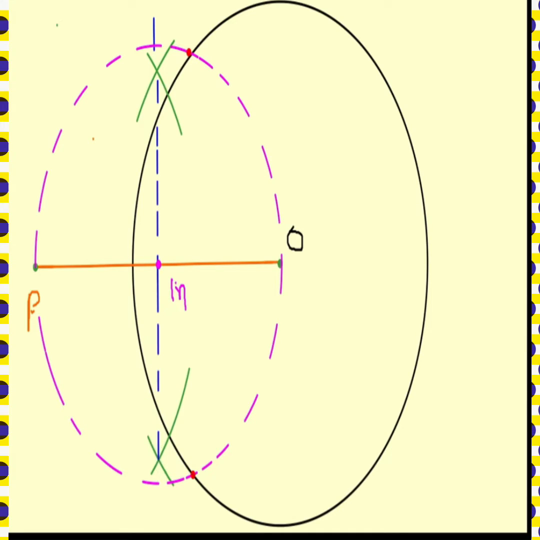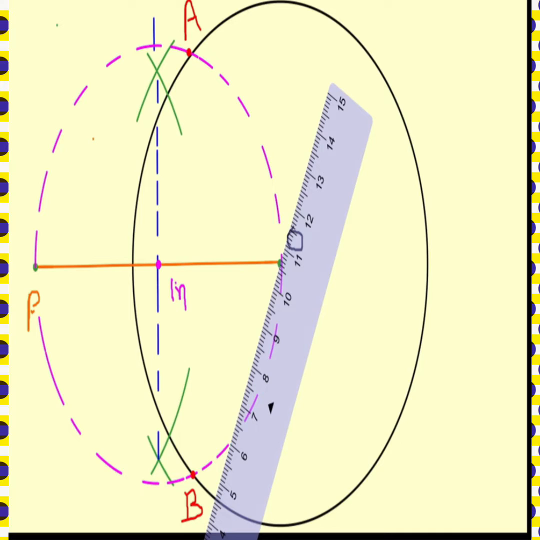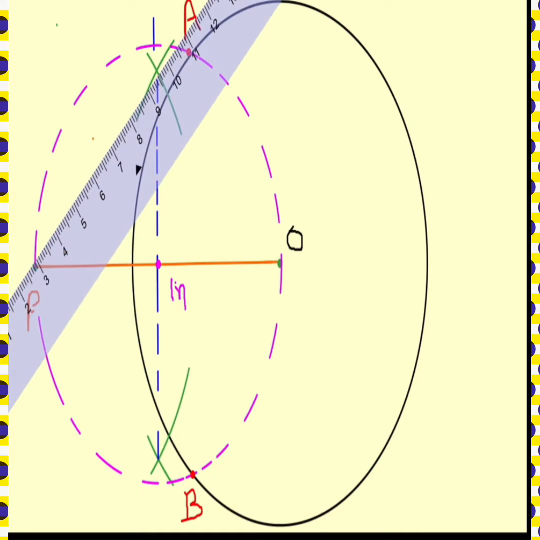Now you can write the names of these intersection points, A and B. Let this point be A, and the second point you can mark B.